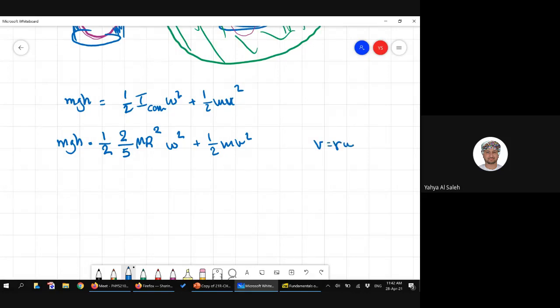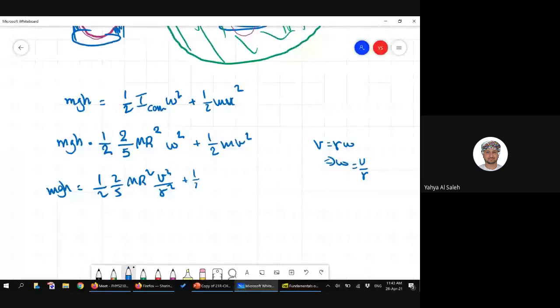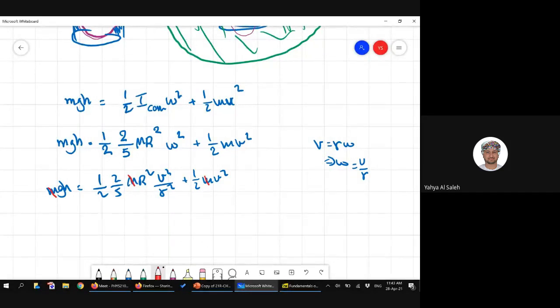V equals R omega, which implies omega equals V over R. So mgh equals half 2 over 5 mr squared V squared over R squared plus half mv squared. Now we simplify. The m's all cancel. The 2's here cancel. The R squares cancel.